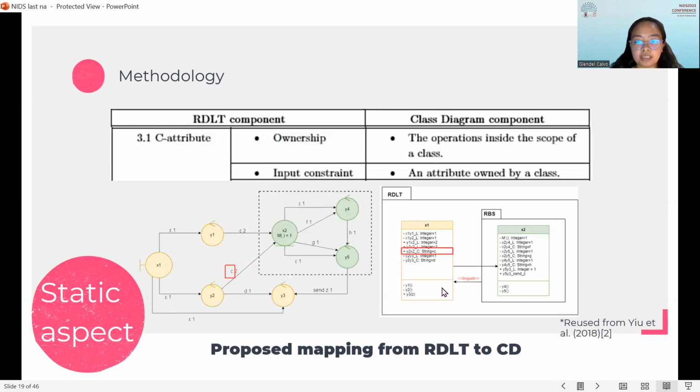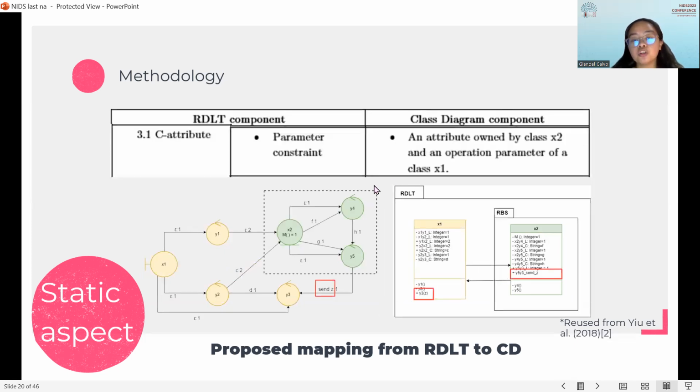The input constraint is mapped into an attribute owned by a class in CD, and the parameter constraint is mapped into an attribute owned by class X2 and an operation parameter of class X1.